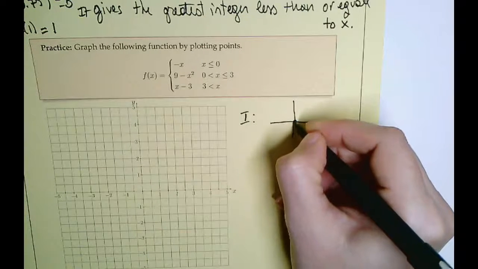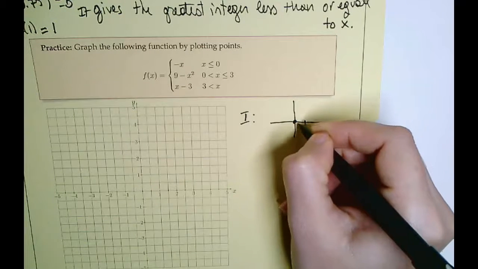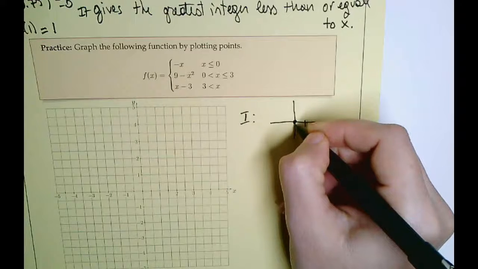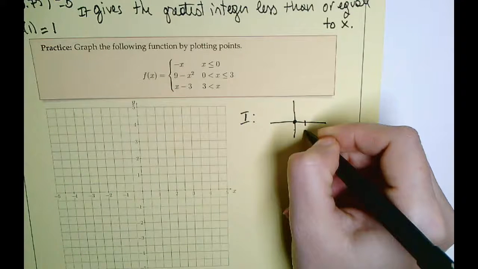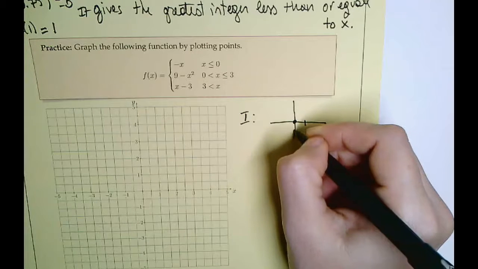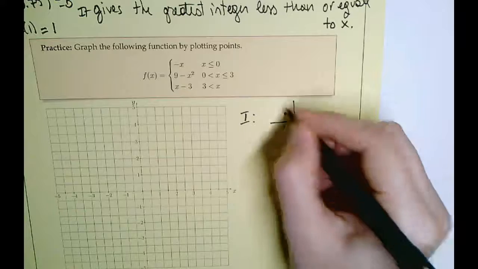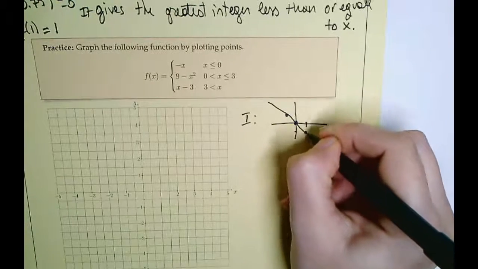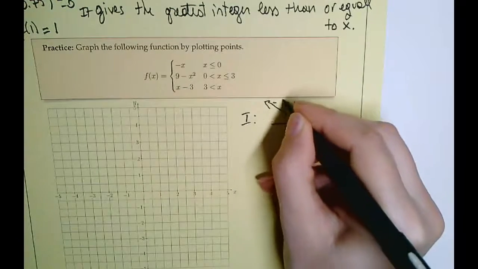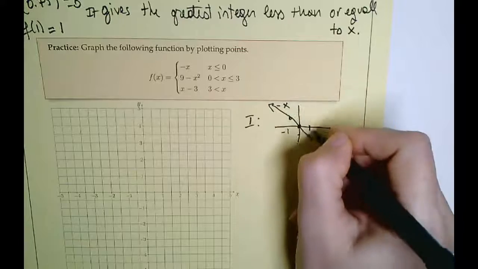So it's going to be here at 1. If I go down 1 and to the right 1, or if I go up 1 to the left 1, it's going to be this. This is -x. So -1, 1.